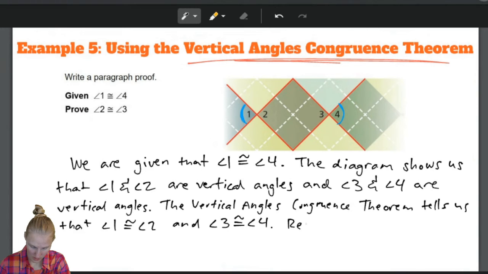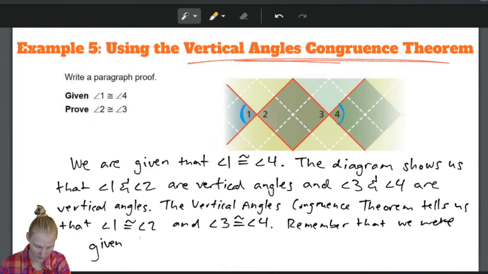Remember that we were given that angle 1 is congruent to angle 4.